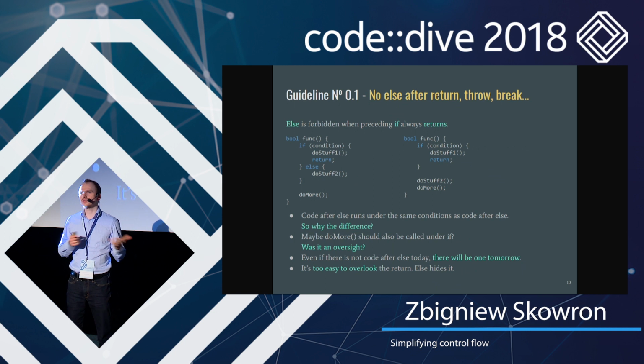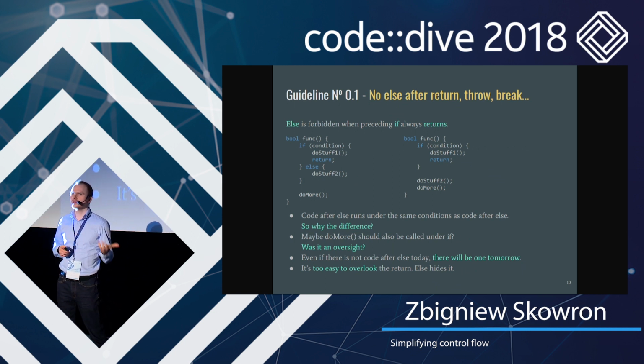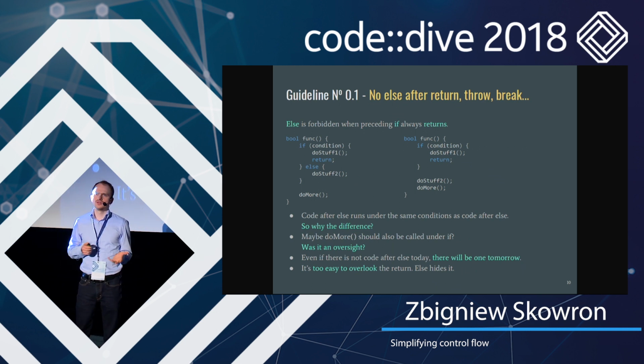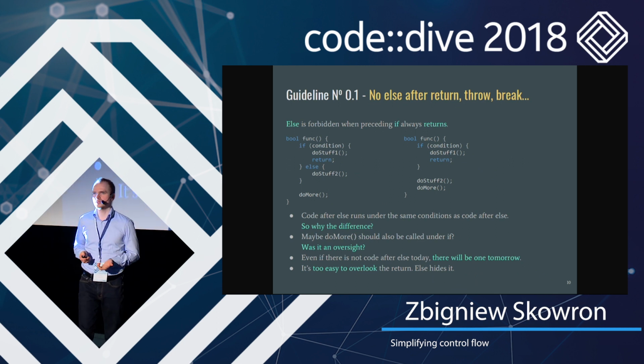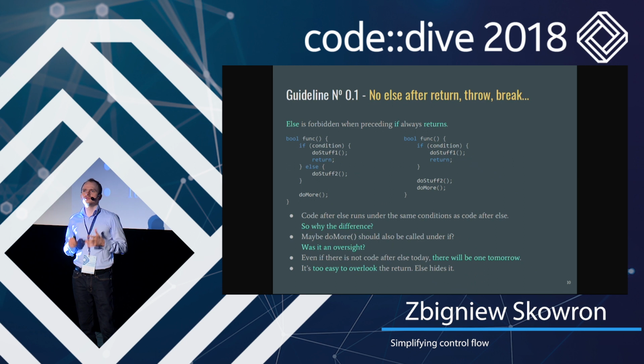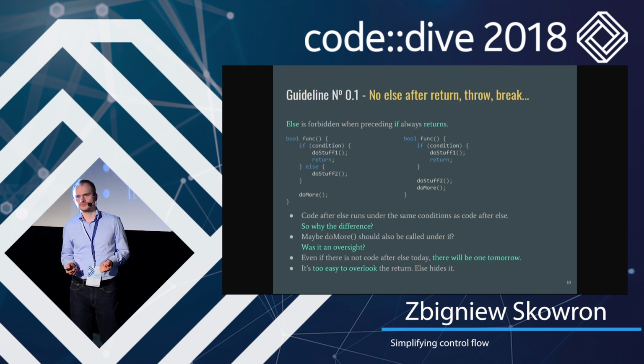Was there some oversight? Maybe someone thought he was writing proper code, but it was a mistake. Maybe he overlooked the return, and the do more function was supposed to be called in both branches. So it raises questions, and it's confusing for the reader. So don't do that if you want simpler code.